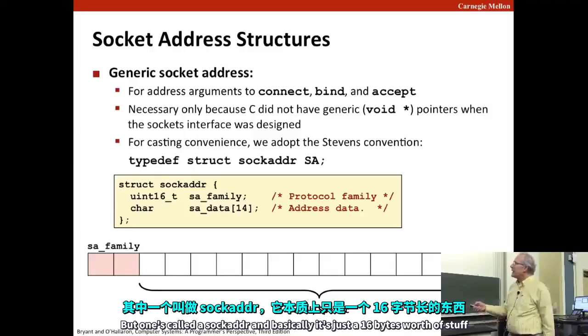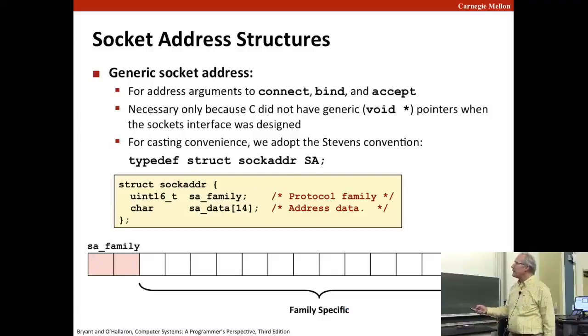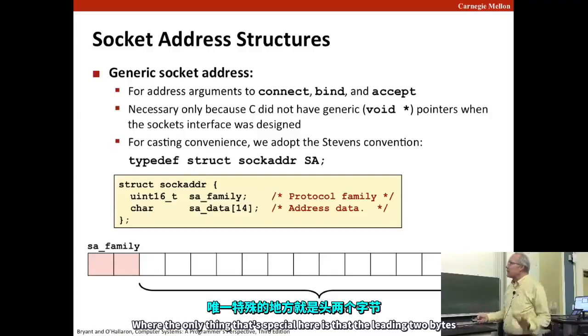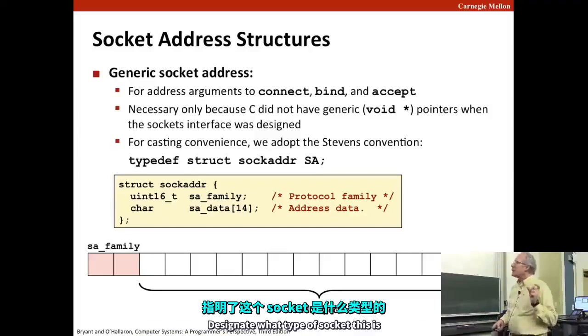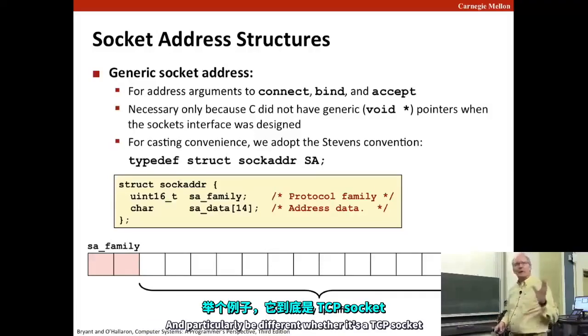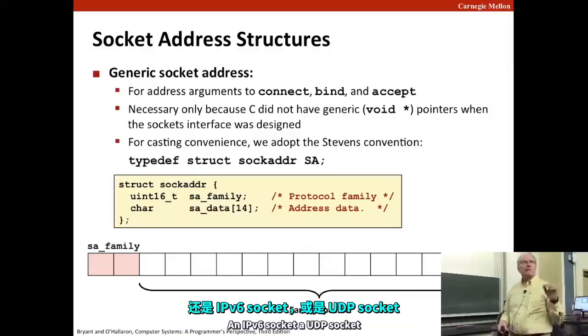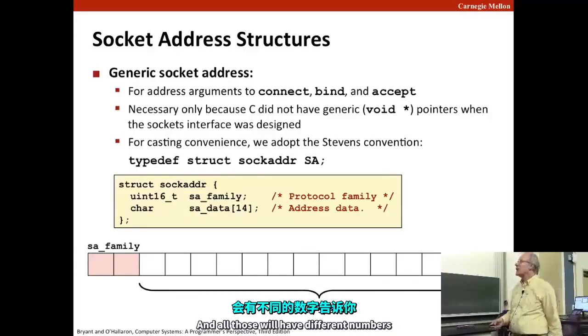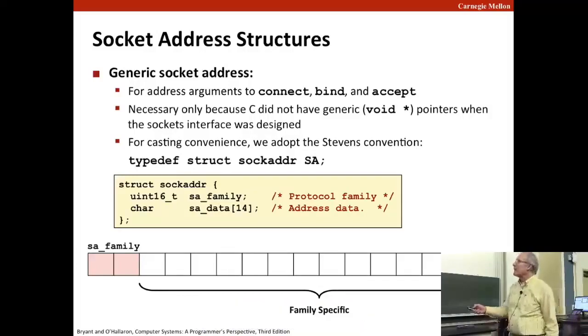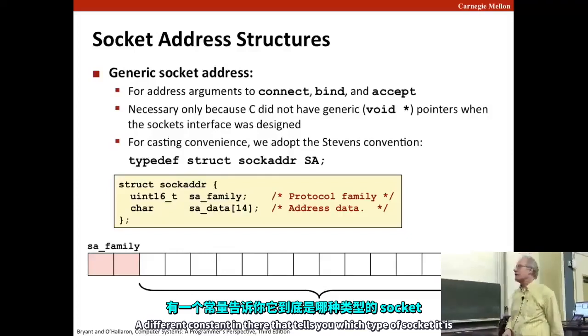Basically, it's just 16 bytes worth of stuff, where the only thing that's special is that the leading 2 bytes designate what type of socket this is. In particular, it would be different whether it's a TCP socket, an IPv6 socket, a UDP socket, and all those will have a different constant in there that tells you which type of socket it is.